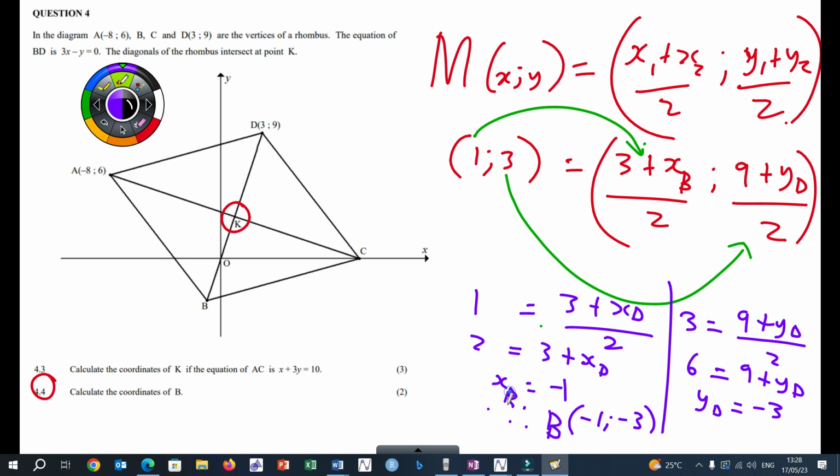So I need to change that to B. No, it's supposed to be B. So let's change this to B, please. I put D there by mistake. Okay. Please, it's B.